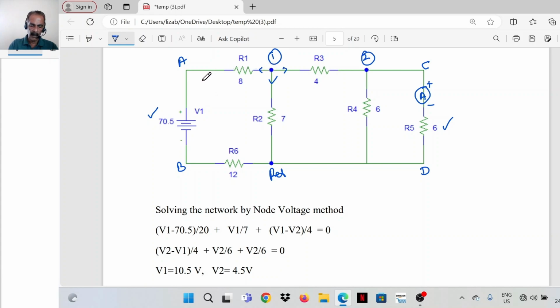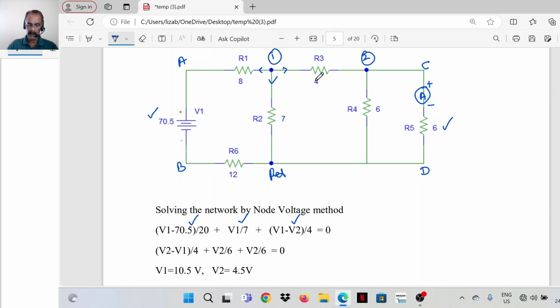So current through the battery branch is (V1 minus 70.5) divided by 12 plus 8, that is 20. Current through the 7 ohm resistor, V1 divided by 7. Then current from node 1 to 2, that is (V1 minus V2) divided by 4.